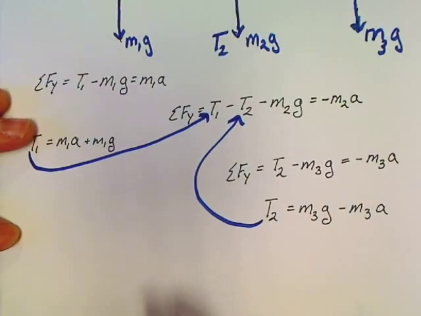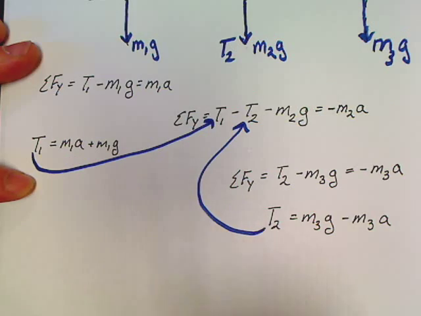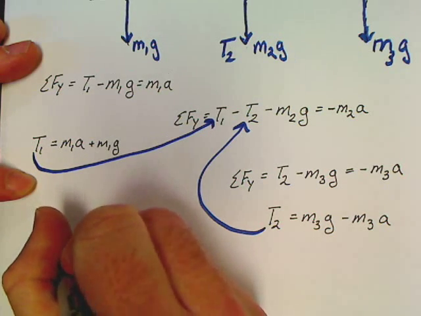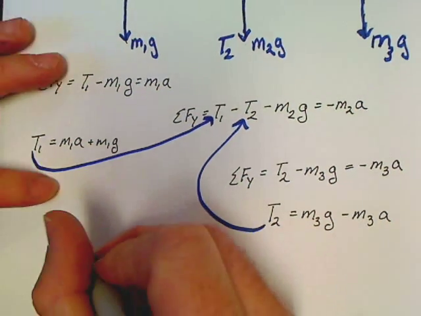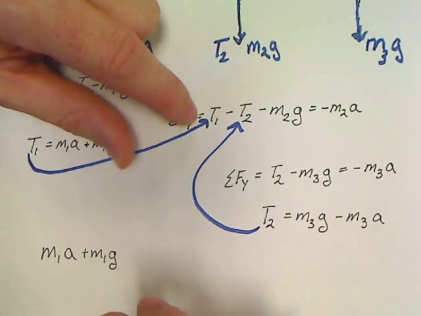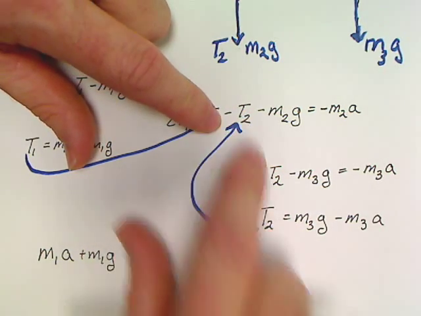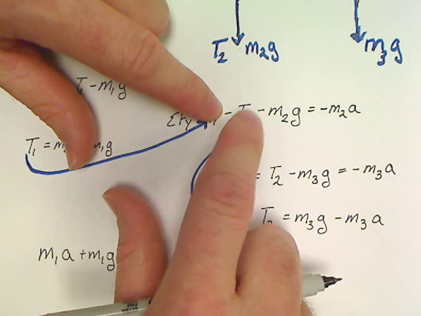And so now our final algebra before we actually finish this, that T1 would be M1A plus M1G. Now, this is going to mess some people up. When you substitute this, look, you're substituting for negative T2.